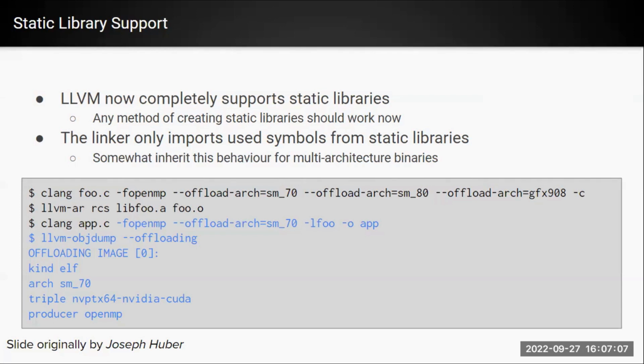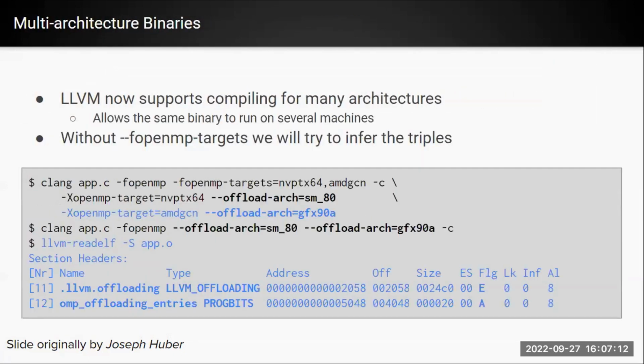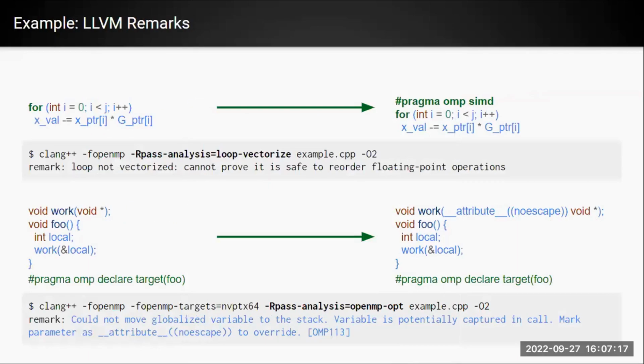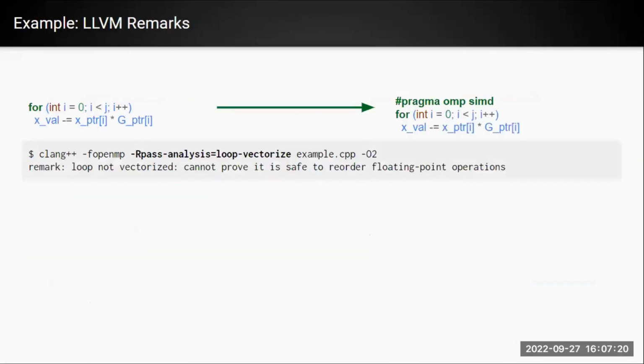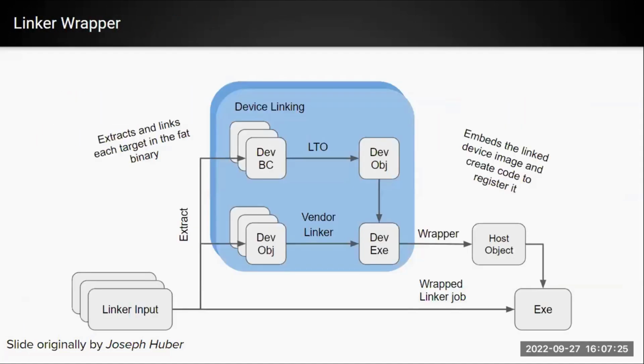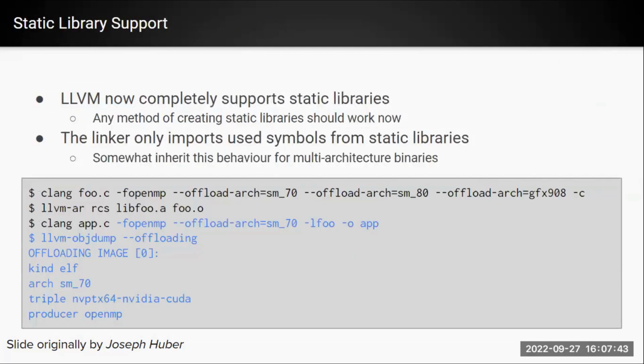So you used to say -fopenmp-targets=nvptx64, and then you said something like -Xopenmp-target -march=sm_80. So it was like a mouthful. And all of that is supposed to now be just --offload-arch=sm_80.